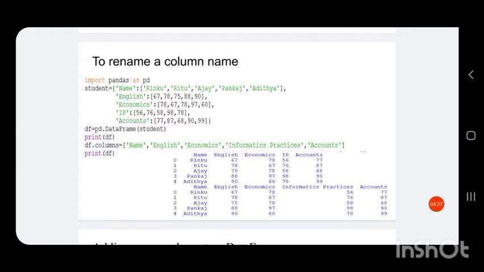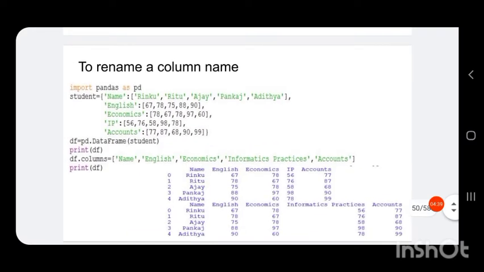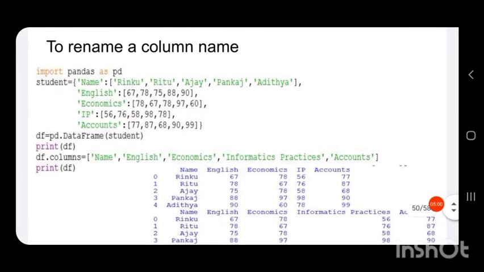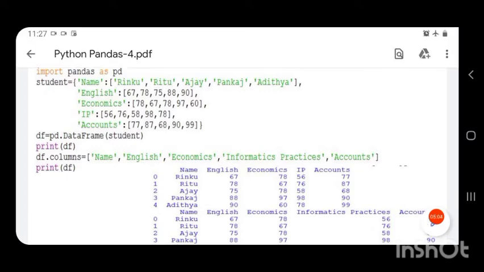Give all the column names in the list and give the new name to the column which you want to change. So you can see the column names are as they were, English did not change, economics did not change, but instead of IP we have written here Informatics Practices.